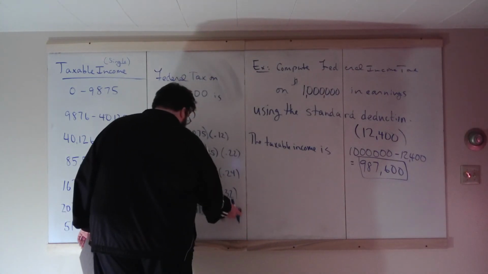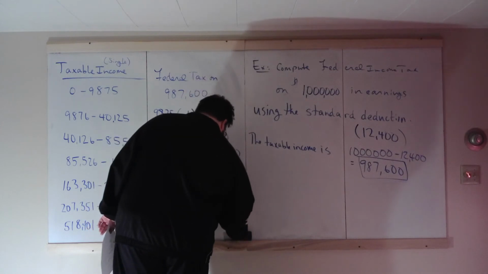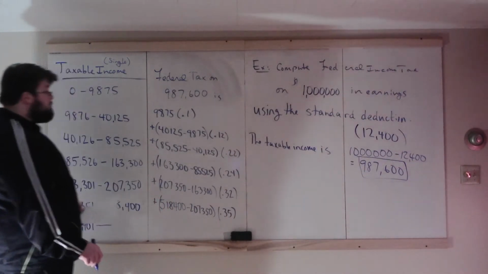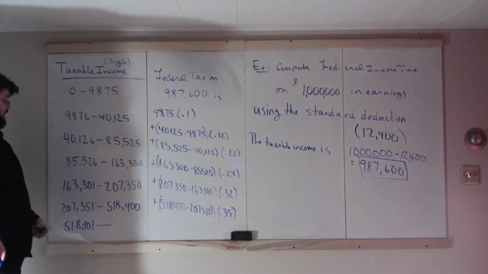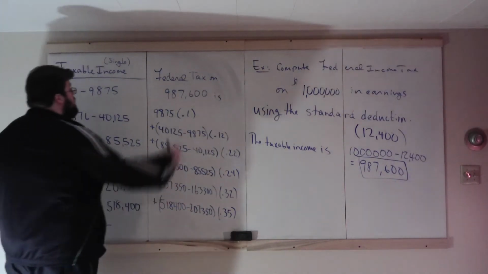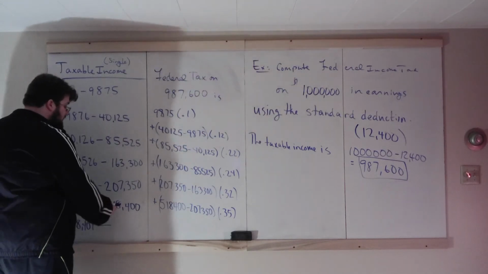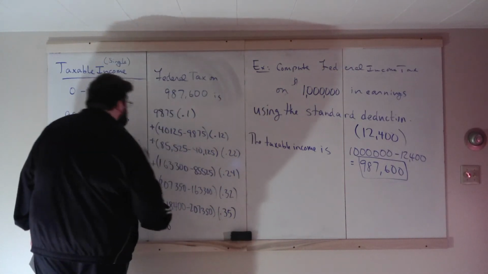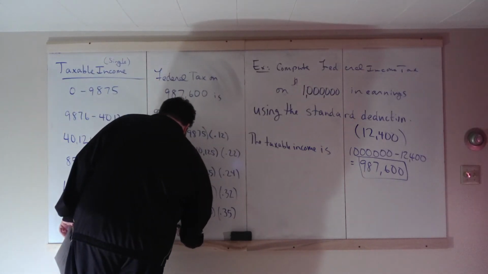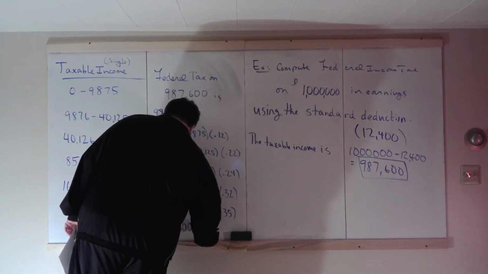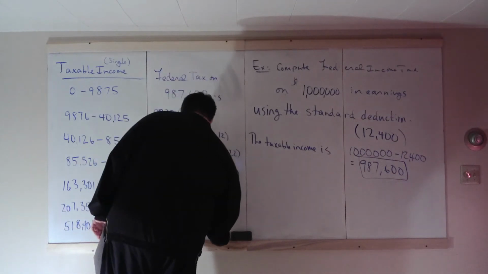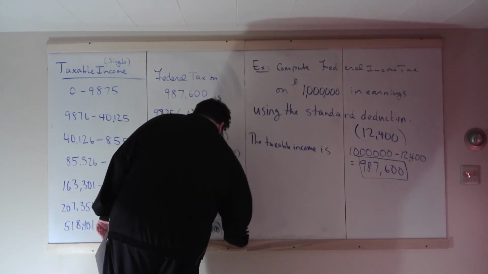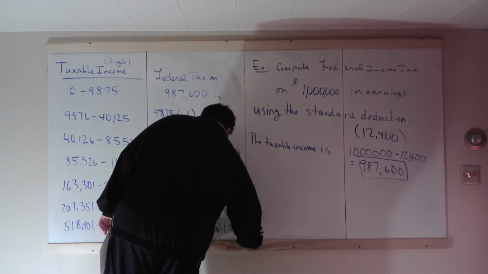Not 53 yet. It's taxed at 35%. And then the remaining, not $1 million minus 518,400, the remaining 987,600 minus 518,400, because we use the standard deduction. And that's taxed at 37%.